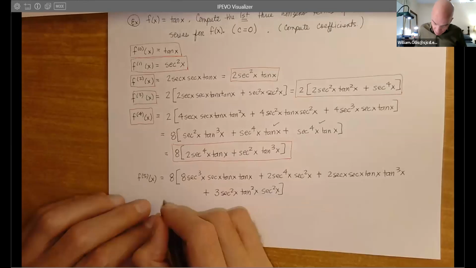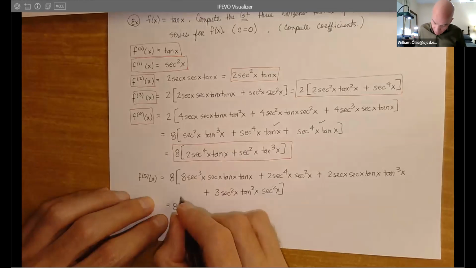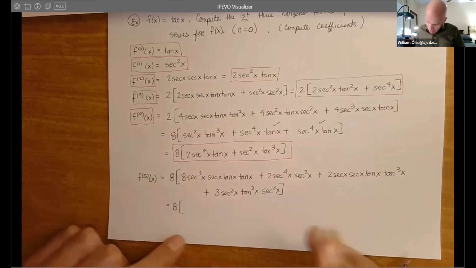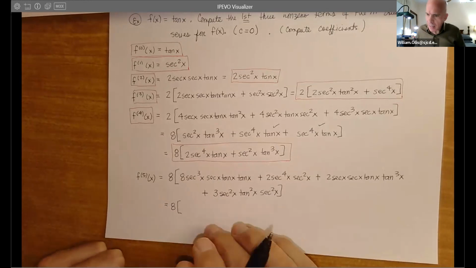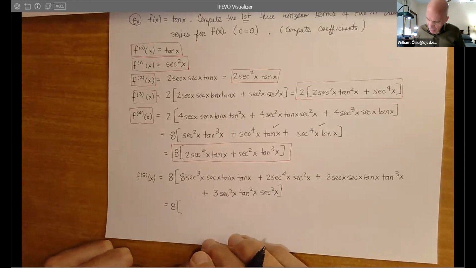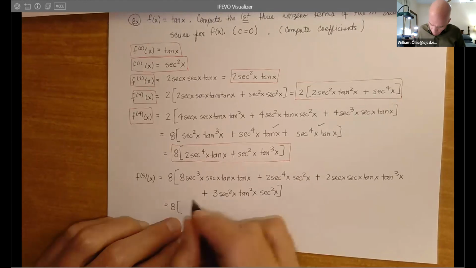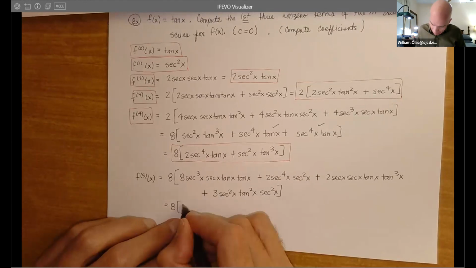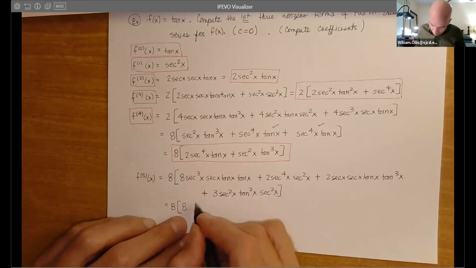So let's clean this up. So we have 8. It's still going to be an 8, but let's just clean this up and see what we have. So we have 8 secant to the 4 tangent squared.